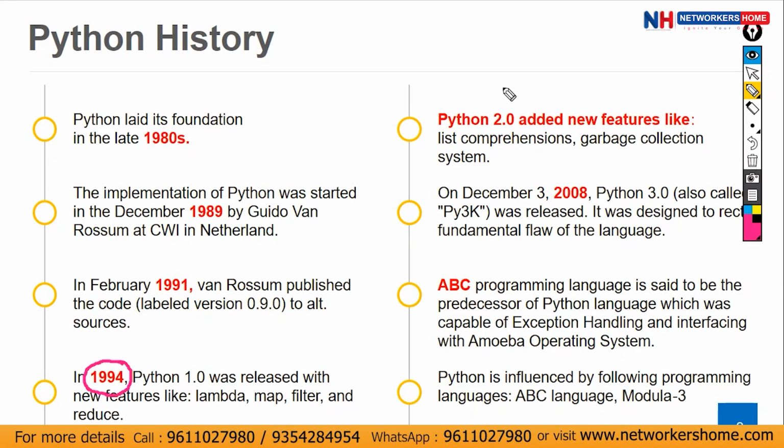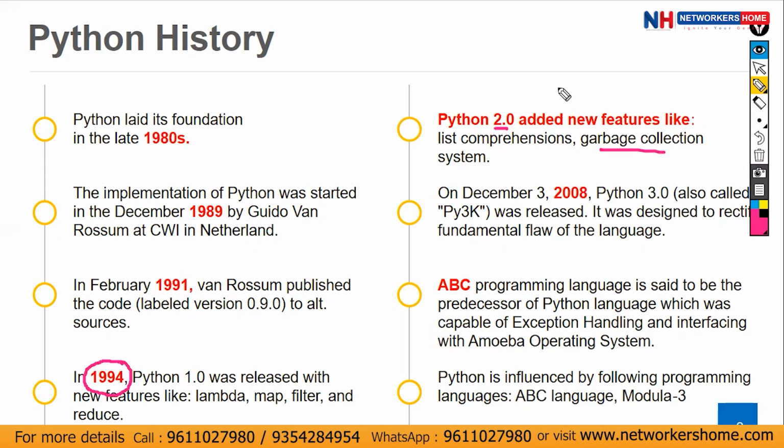After that, 2.0 was added with new features like list comprehension, then the garbage collection system. So these are again the new features they added in 2.0. And finally, on December 3rd, 2008, Python 3.0 was launched.